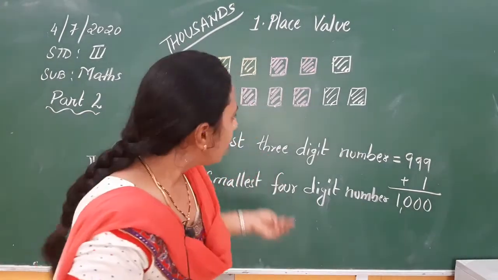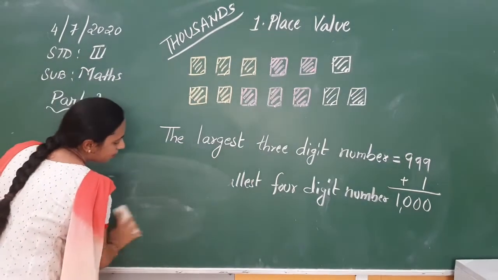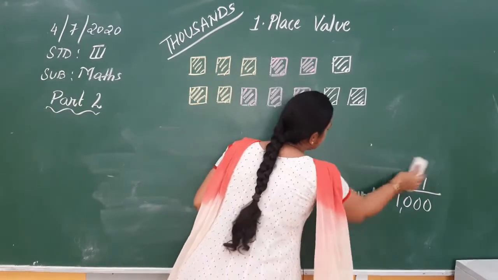Now you can see some colored blocks here. What do you think these are? These are some numbers.